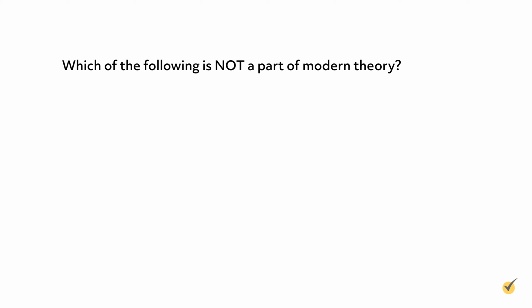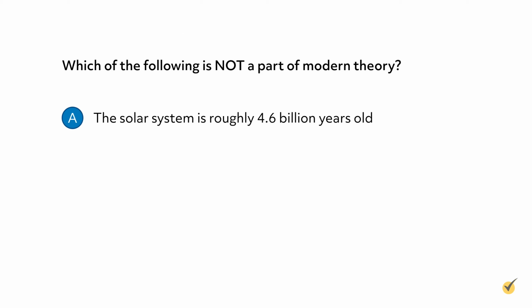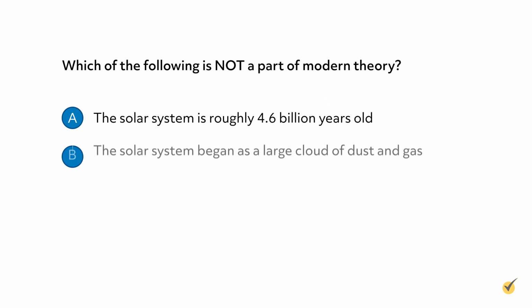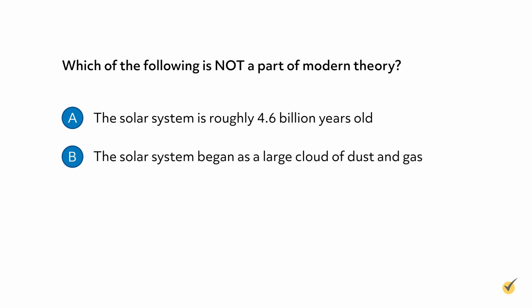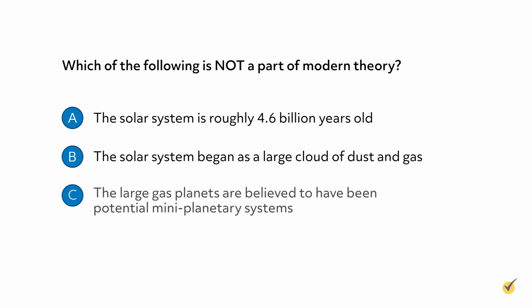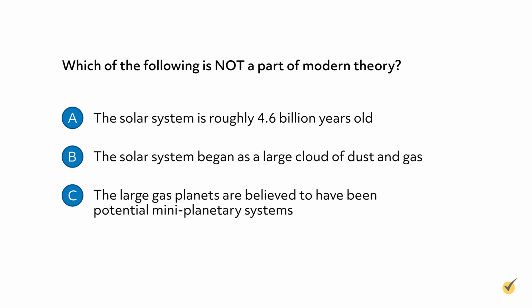Number 3. Which of the following is not a part of modern theory? A. The solar system is roughly 4.6 billion years old. B. The solar system began as a large cloud of dust and gas. C. The large gas planets are believed to have been potential mini-planetary systems.